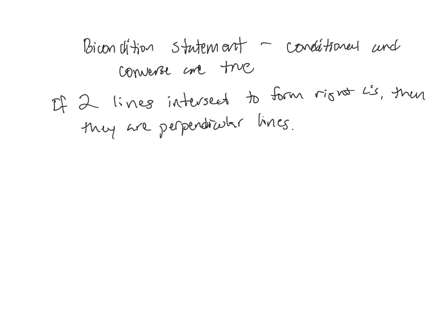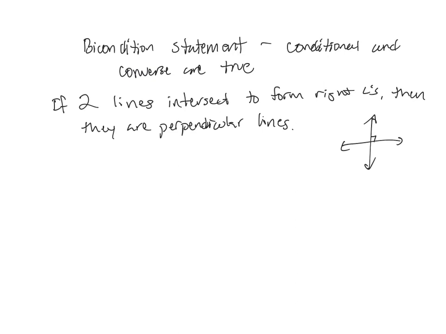So you should have talked about that in algebra, but if you didn't, that's okay. So if 2 lines intersect to form right angles, then they are perpendicular. That's true. Okay, so what it's really saying is if you had these 2 lines that crossed and you saw that little right angle symbol, they're perpendicular. They also make right angles. Okay, so that's conditional.